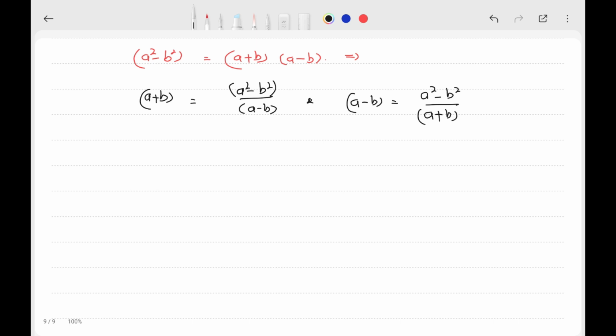This way also we can write. Please do some mathematics on your own. Try to understand. This type of tricky questions will come which involve trigonometry coupled with algebra.